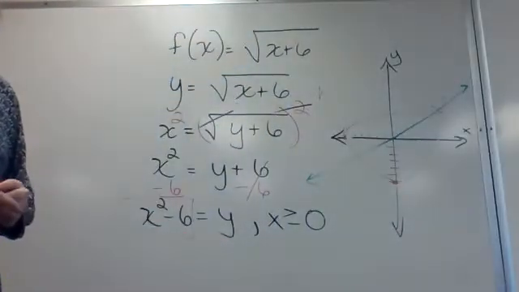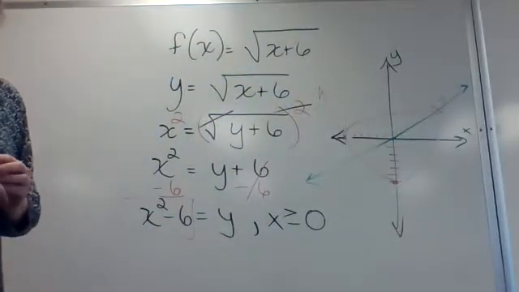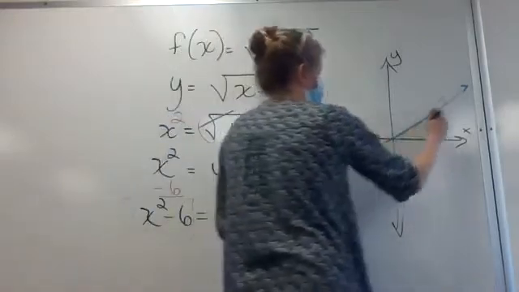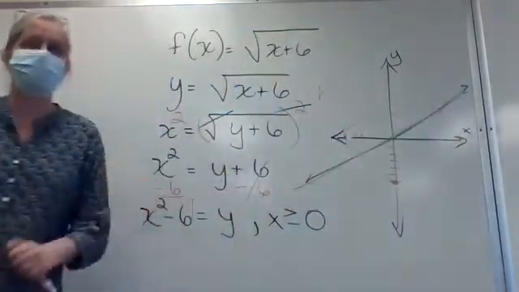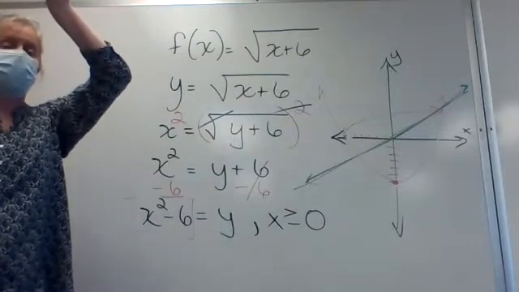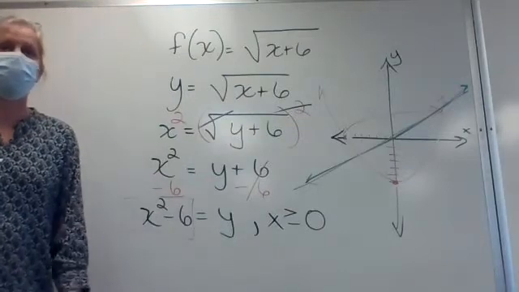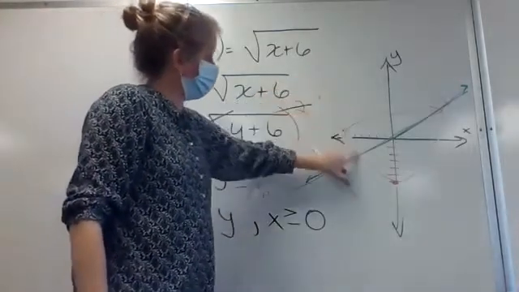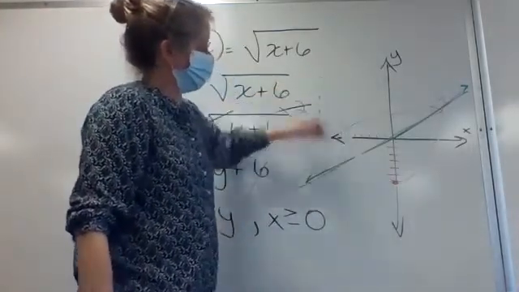So they are supposed to lie on top of each other. If you're an inverse of another function, this is always going to happen. If you draw a line right there and fold it on that line, inverses of each other will lie on top of each other. That's why you don't need to use that side.